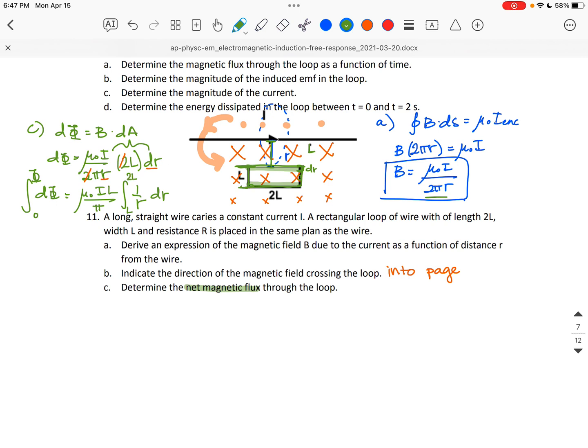And then when we simplify that, we get flux is equal to mu naught I L over pi. The integral of 1 over r is ln.